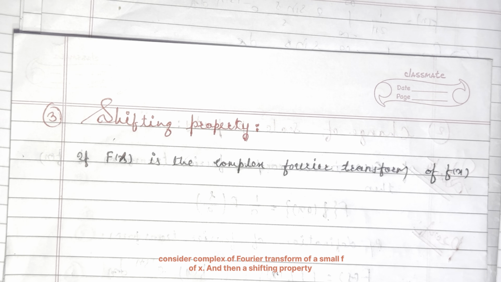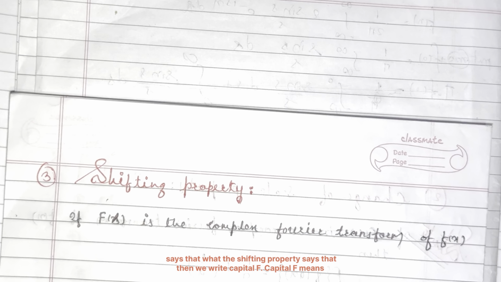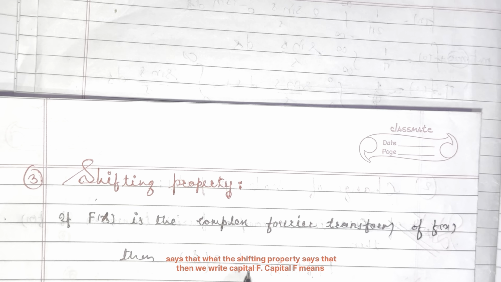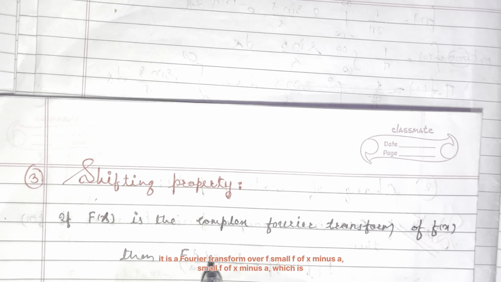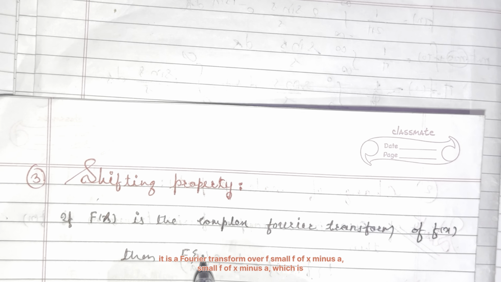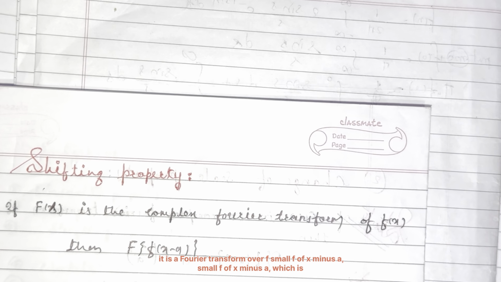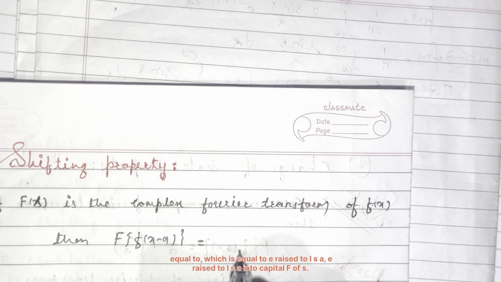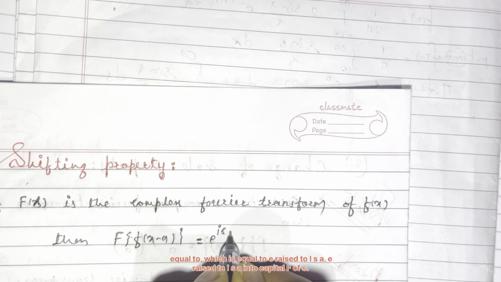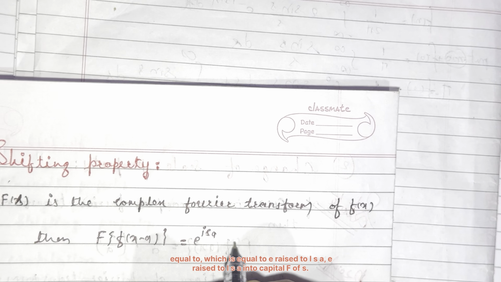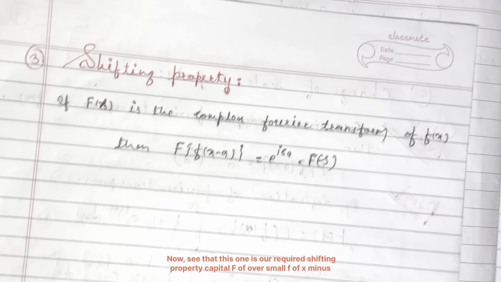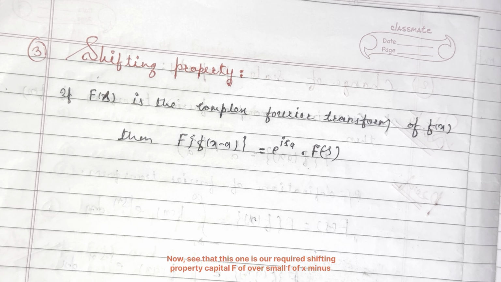The shifting property says that the Fourier transform of f of x minus a is equal to e raised to isa into capital F of s.